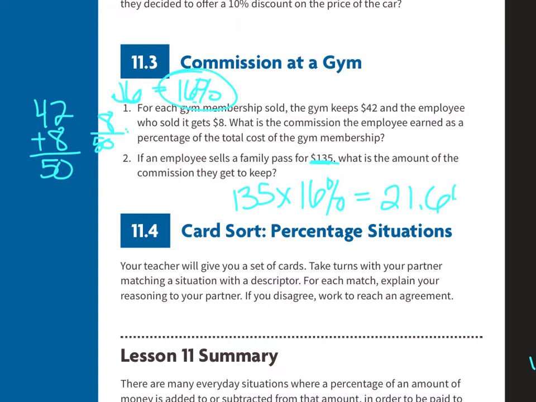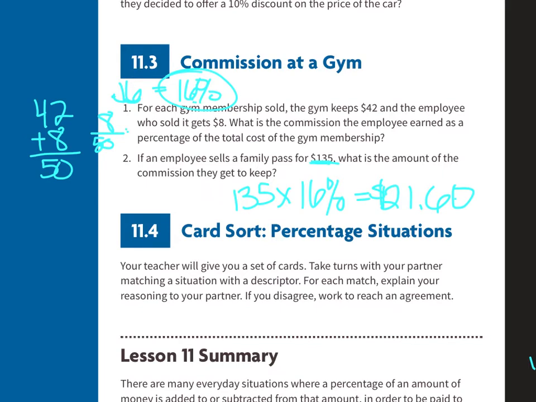Well, we're talking about money, so we're going to add a zero there. So it's $21.60. All right. 11.4 we're not going to do. So really nothing new today, just applying what we've learned from last week and yesterday to today.